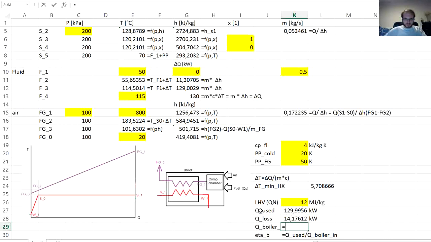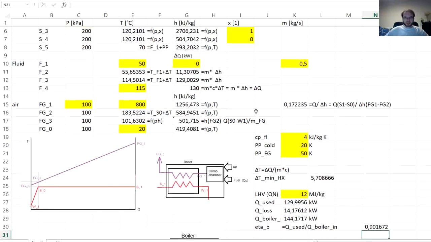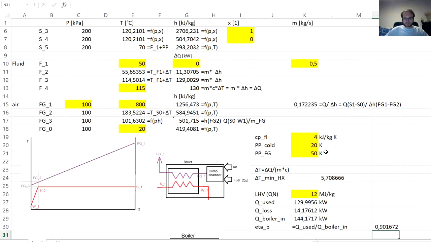First, this part that is used, and second, this loss into the atmosphere. So that's 144 kilowatts, and the efficiency of the boiler is then Q used, 130, divided by what goes into the boiler. And from this we get that our efficiency is roughly 90%.